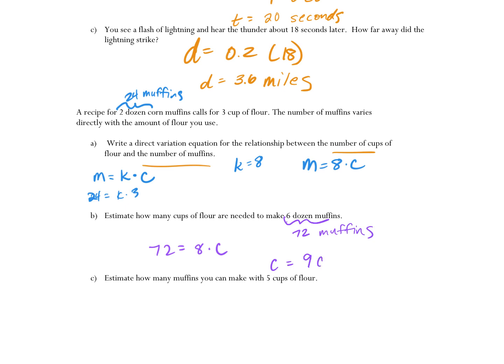Nine cups. All right. How many muffins can I make if I only have 5 cups of flour? Take my number of muffins equals 8 times the 5 cups of flour. 40.